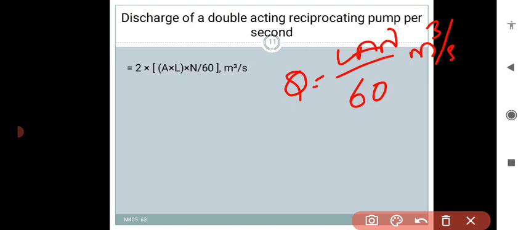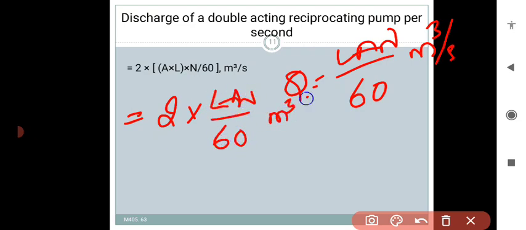When the piston moves from right side to left side, suction 2 valve is open and suction 1 valve is closed, and delivery 2 valve is also closed and delivery 1 valve is open, and the fluid already available at the left hand side of the piston has its pressure increased and is delivered through the delivery pipe. There are two strokes working, so the discharge of the fluid is 2 into ALN by 60 meter cube per second.